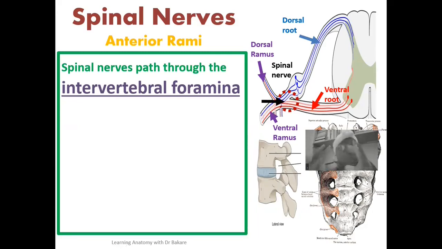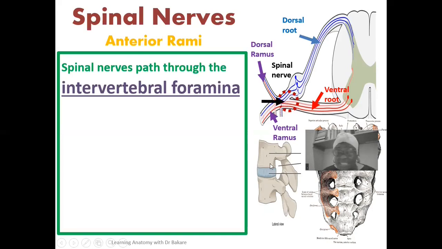They are not needed within the vertebral canal. They are needed to create branches that will be innervating structures outside the vertebral canal. So they need to exit this space, and the only channel that is created for this is the intervertebral foramen. So you see this structure here highlighted in dotted red.